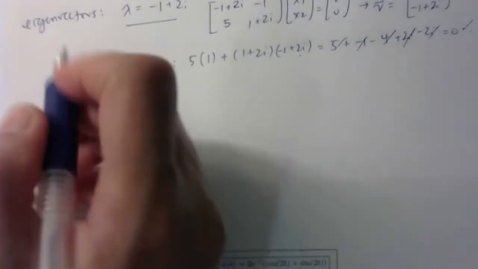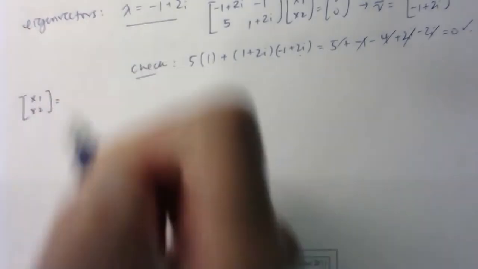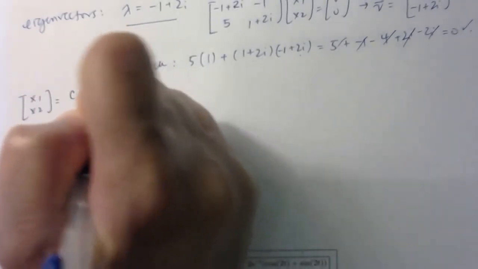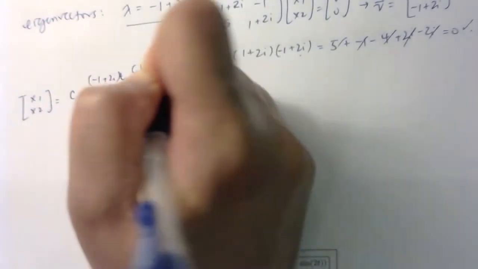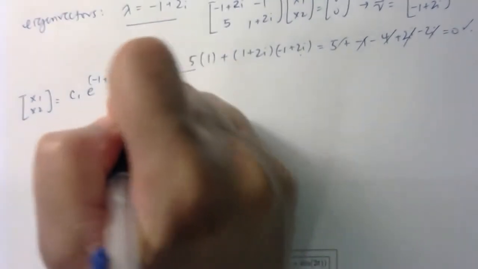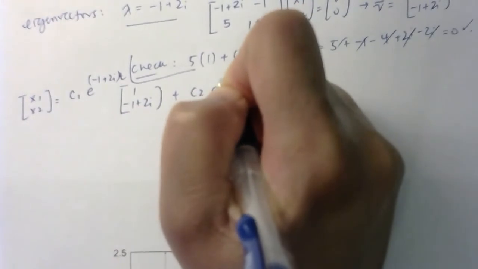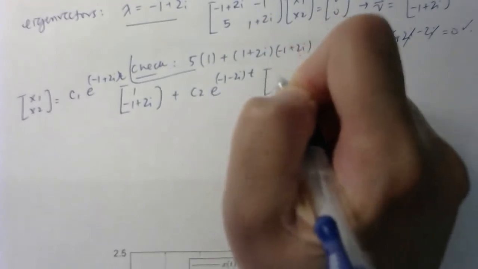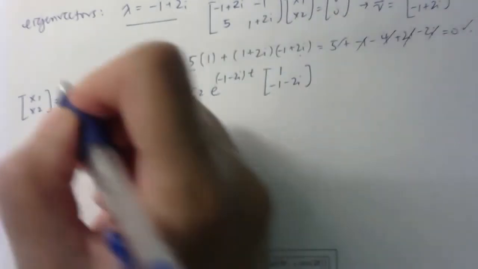So my solution here, x1, x2, should look like c1 e to the (-1 plus 2i) t times the vector (1, -1 plus 2i), plus c2 e to the (-1 minus 2i) t times (1, -1 minus 2i), the complex conjugate.